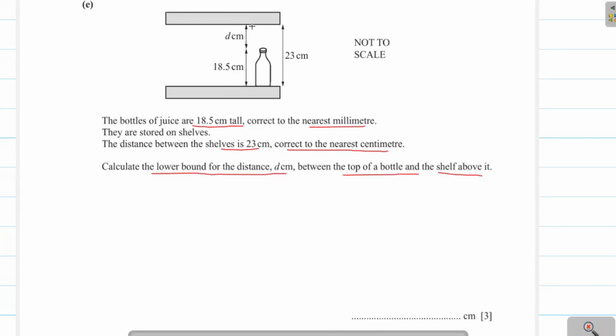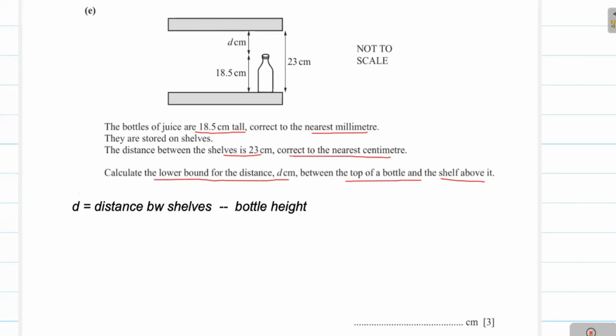Look here, this is the distance D we have to calculate. This distance D will be equal to the distance between shelves minus the bottle height. Therefore, we can write D equal to distance between shelves minus bottle height. We have to calculate the lower bound value of this distance.